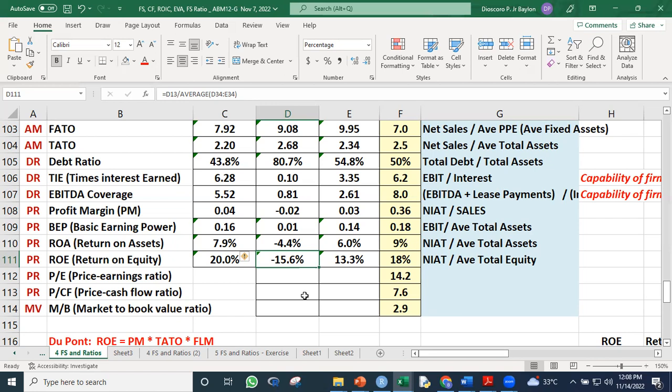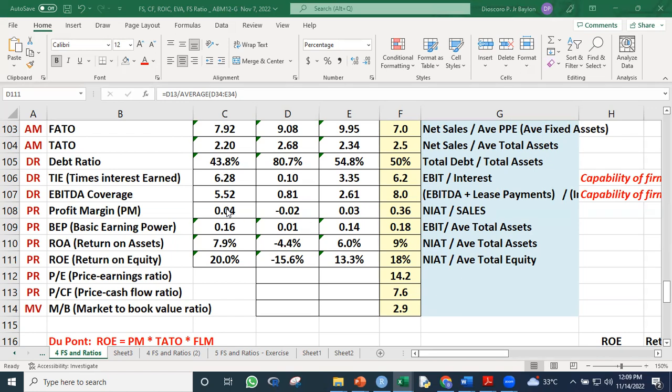Okay? All right. So once again, I'll pause and maybe you're following with the formula. So once again, may I ask your feedback? So far clear tayo? Sir, question po. Just to clarify po, yung sa profit margin is for every 100 peso of sales, the company earns 4 pesos.